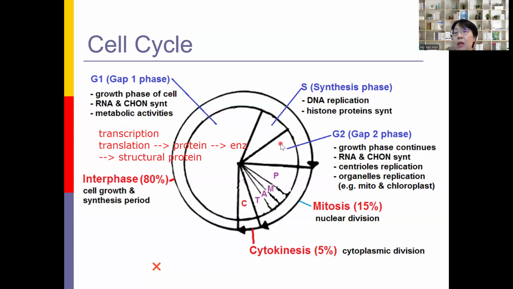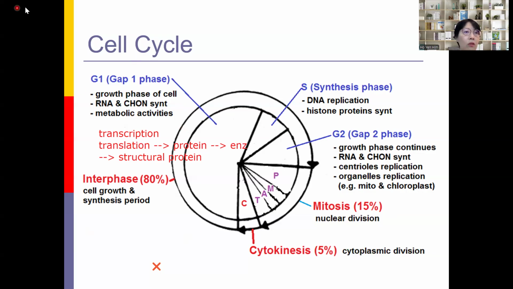But when some cells mature and take up different structure and function, they will no longer go through a second mitosis. That means fully grown. Okay, so cell size increases during interphase by transcription, translation, and then synthesis of protein, synthesis of phospholipids, synthesis of organelles in the cell.